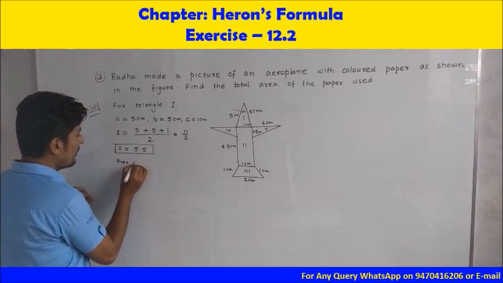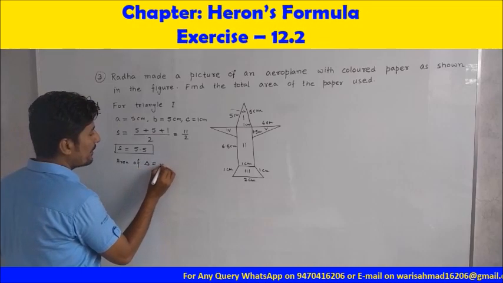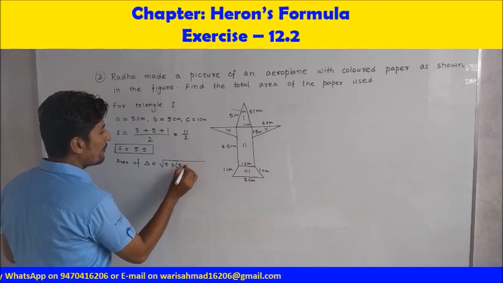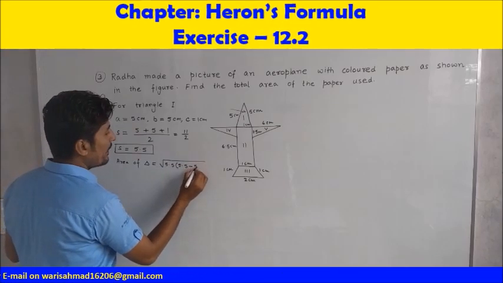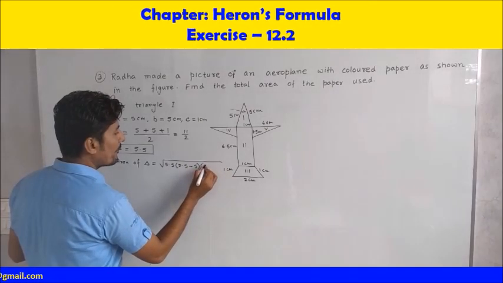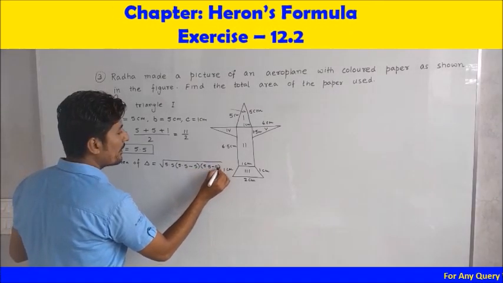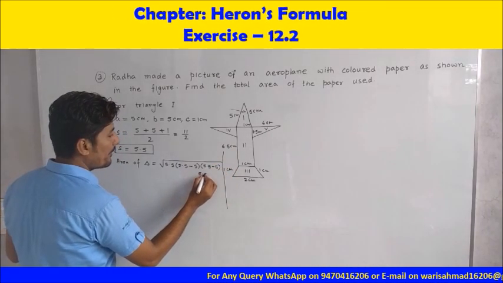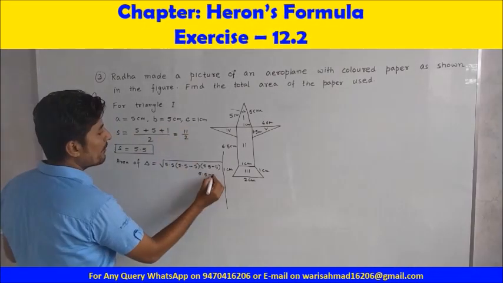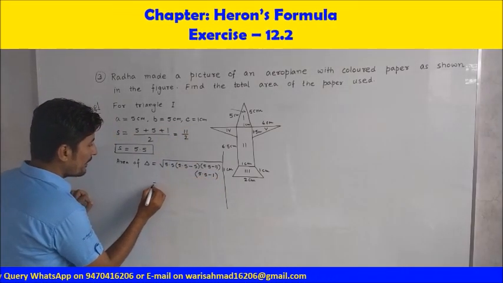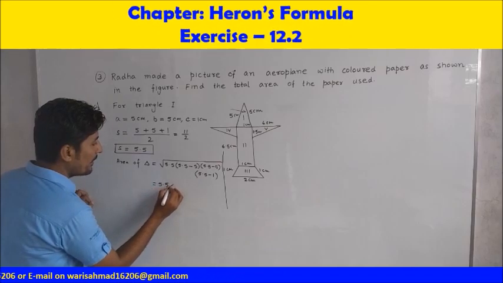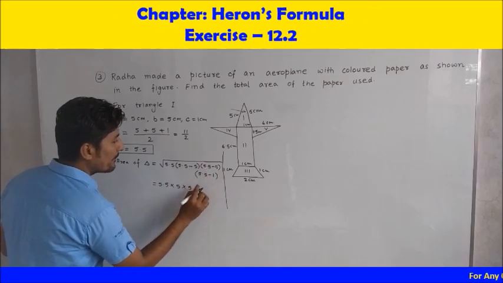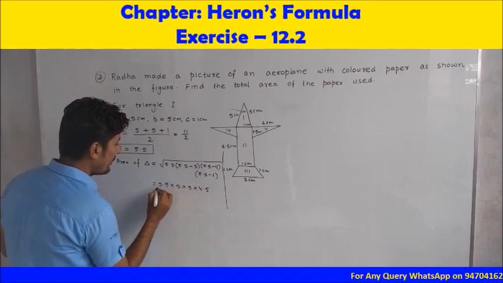After getting the value of S, we can find the area. Area of triangle will be equal to under root S, means 5.5, times S minus A, 5.5 minus 5, times S minus B, 5.5 minus 5, times S minus C, 5.5 minus 1. After that we can write 5.5 multiplied by 0.5 multiplied by 0.5 multiplied by 4.5.